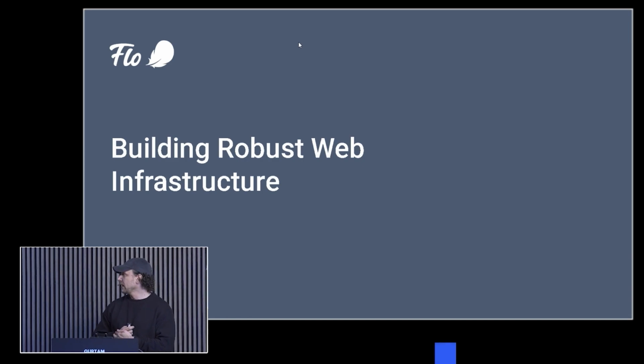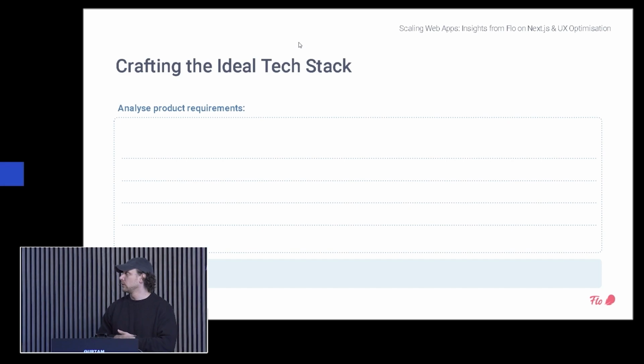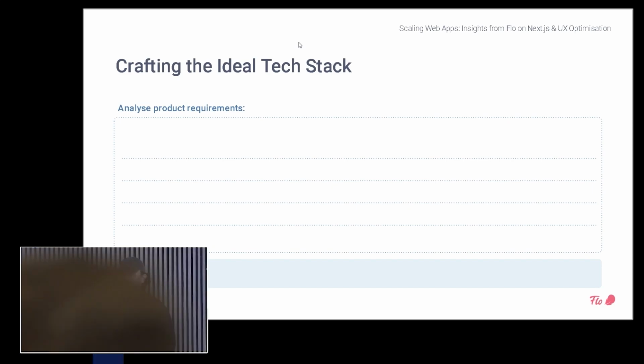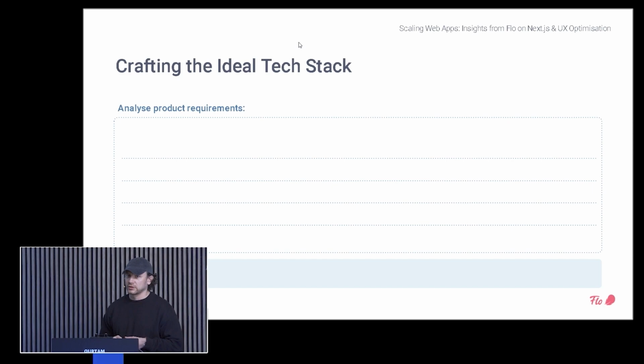First of all, we're going to start from the beginning, how we decided on our stack. We collected requirements, and we had to understand what our product is. Is it a service, static content, or a web application?